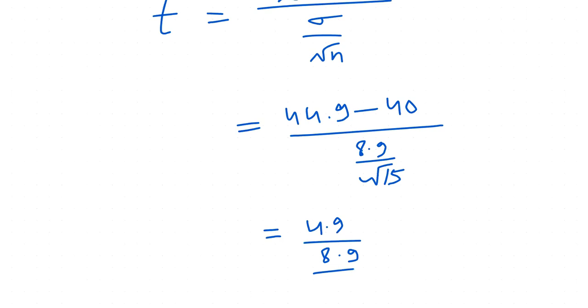Because below we have a fraction, we can multiply here square root of 15.